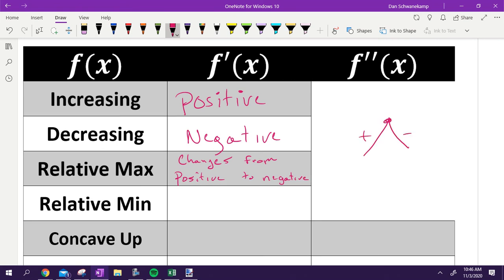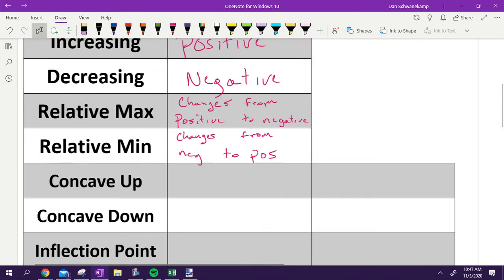Positive slope to negative slope. F prime is changing from positive to negative. That is what we're looking for. So if that's true there, Isabel, when's a relative minimum going to happen? When f prime changes from negative to positive. Good, we got to have those things locked down.